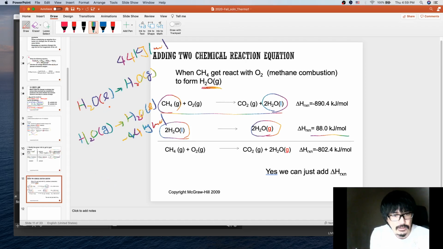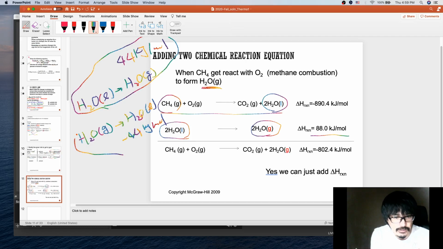So you're going to find in the textbook either this or that, depending on the textbook. If your textbook has this one right here, you swap the product and reactant, and the negative 44 becomes 44, which is this one.